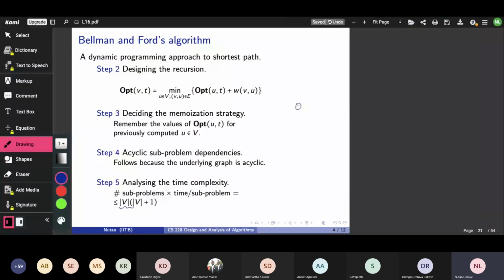Because there is one subproblem defined u comma t for each u in V. So there is one such subproblem. So total number of subproblems is equal to the total number of vertices, maybe minus one or something like that, but of the order of cardinality V. But how does one argue about the time required per subproblem? Why is that V plus 1?